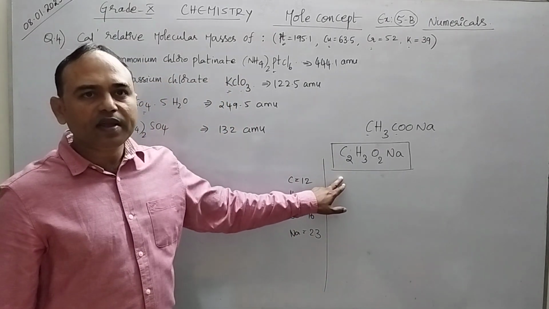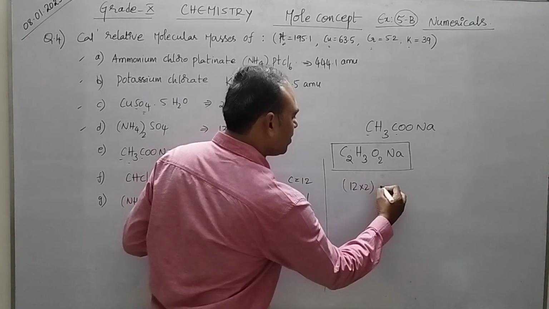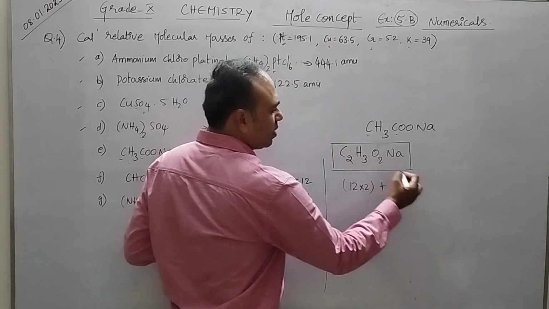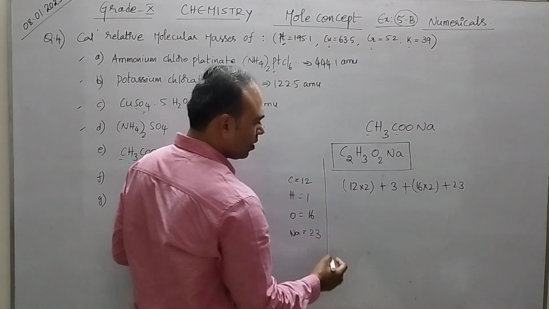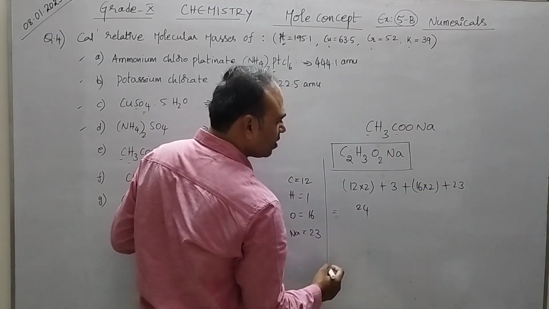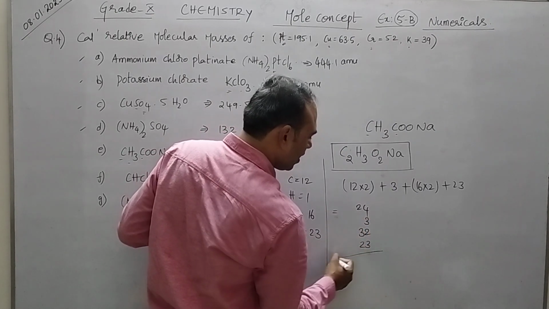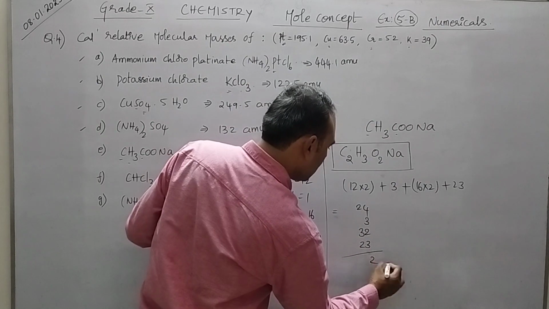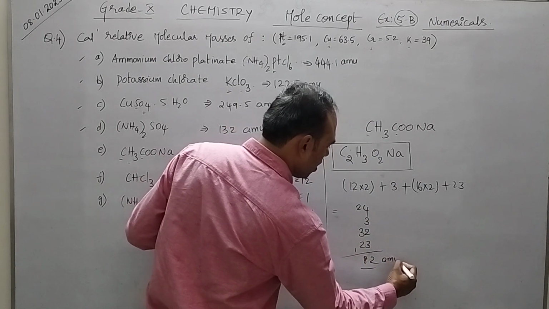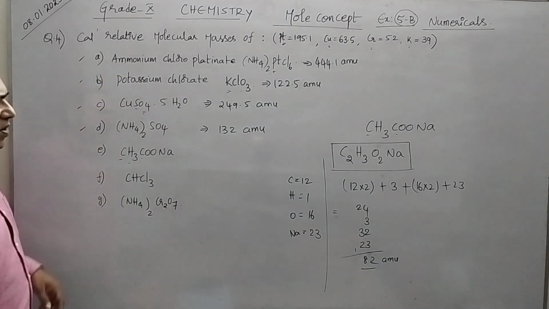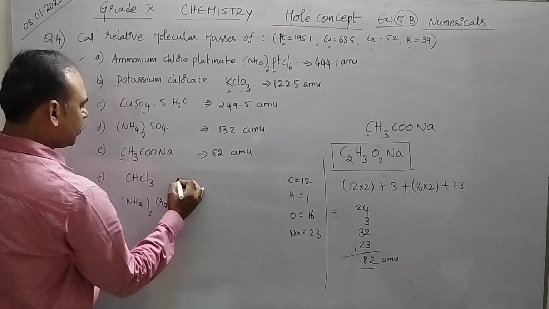By adding this we get the molecular mass. So the first one is 12 into 2 plus 3 plus 16 into 2 plus 23. Writing this one below the other, 24, 3, 32 and 23, we get 82. So the molecular mass of sodium acetate is 82 atomic mass unit.